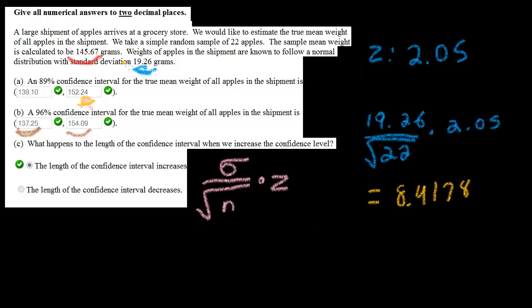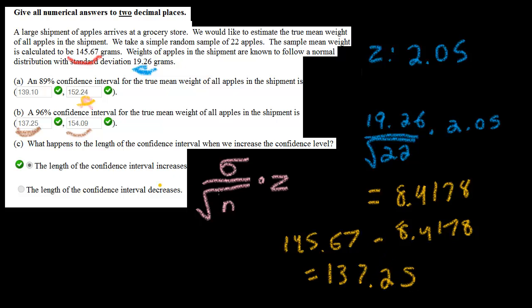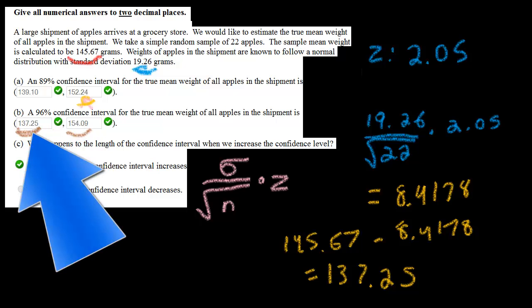We know the sample mean is going to be 145.67 because it says it in the question right here. And so we subtract 8.4178, which is our margin of error we just calculated. That gives us a value of 137.25. And sure enough, that is the value we got right here.